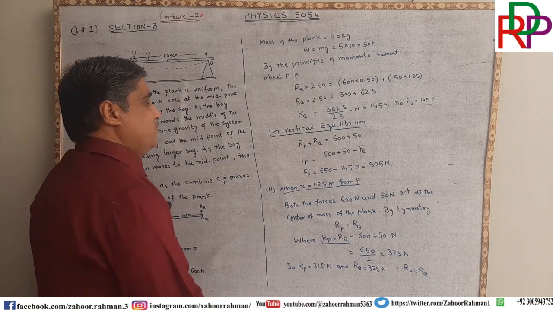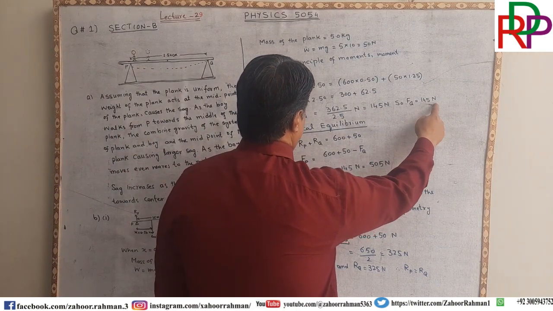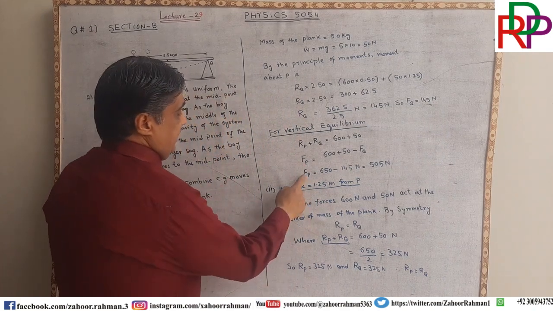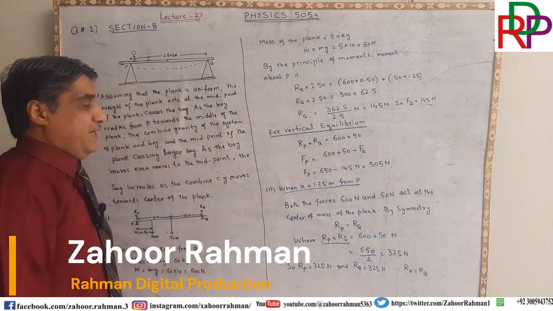So we found two forces, and that is FQ is equal to 145 Newton and F at P is equal to 505 Newton.